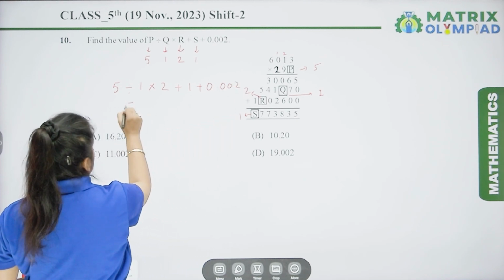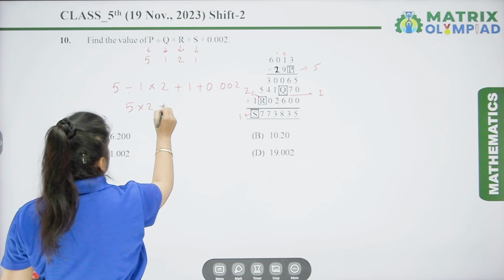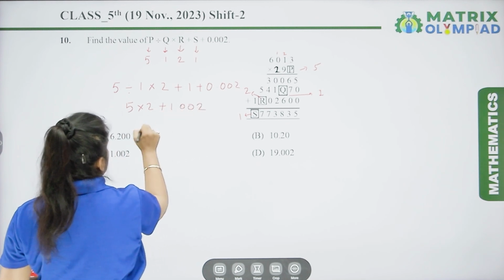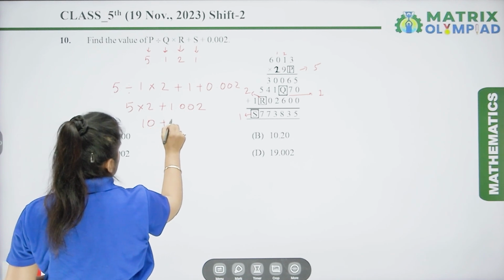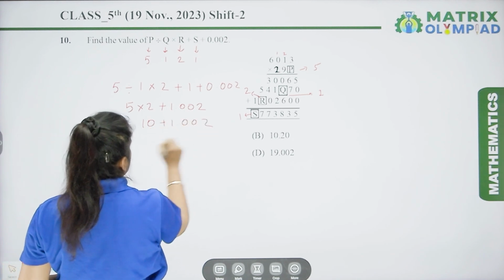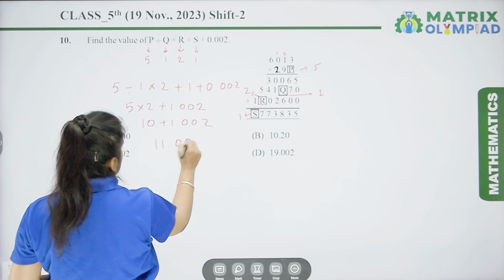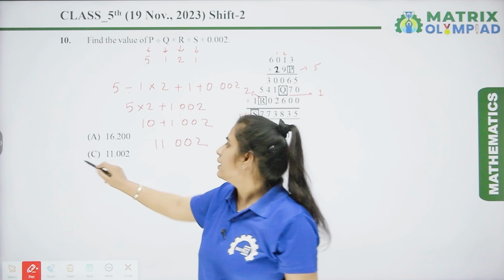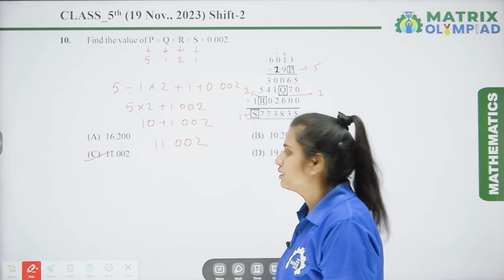So here 5 divided by 1 is 5 multiplied by 2 plus 1.002. Here 10 plus 1.002 is 11.002. So according to the question we can say that option C is the correct answer.